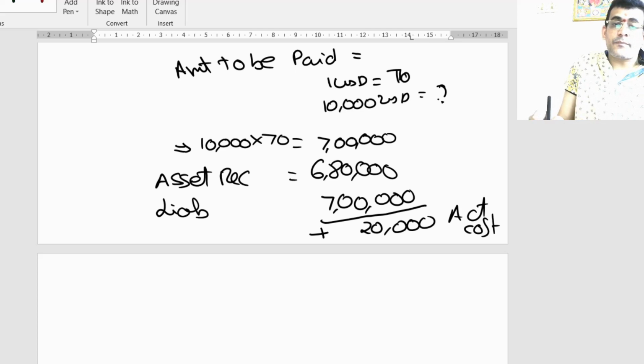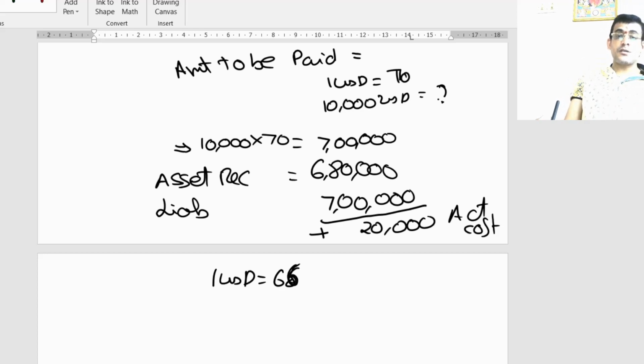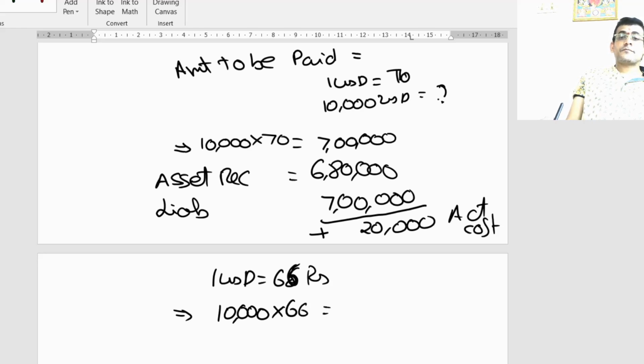Let me change the example. On the date of payment, let us consider 1 USD is equal to 66 rupees. Then how much amount will I be paying? 10,000 into 66 is going to give me 6,60,000.